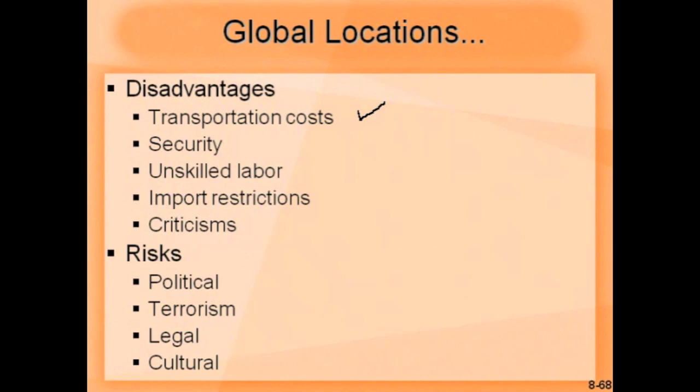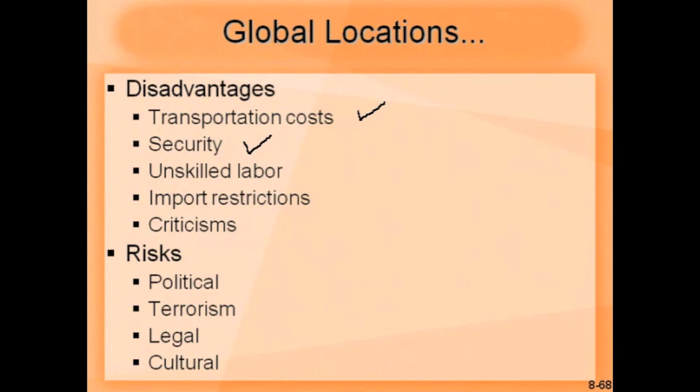Transportation costs will be high. Now, if you bring labor cost into the picture, that can change the picture. But obviously, locating outside the US for any product increases transportation cost. Another disadvantage could be security.